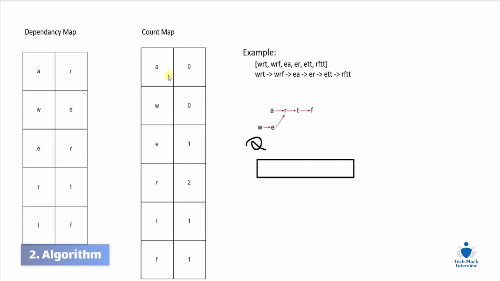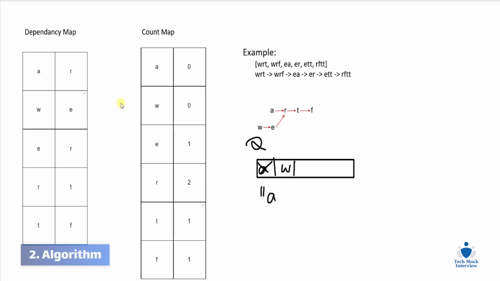Now we can start from each of those. I start from A, so I have A and then W. Now what do I do next? I pop A out of the queue and put it in our answer string. Since I popped A out of the queue, we look at the dependency map and see what the dependencies of A are.